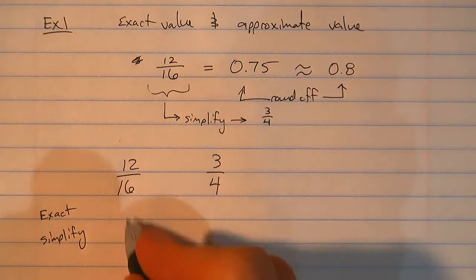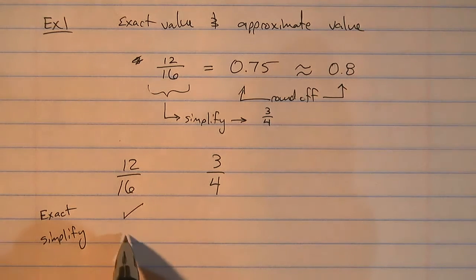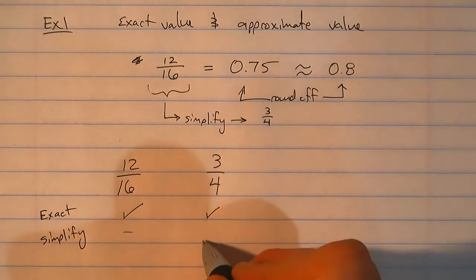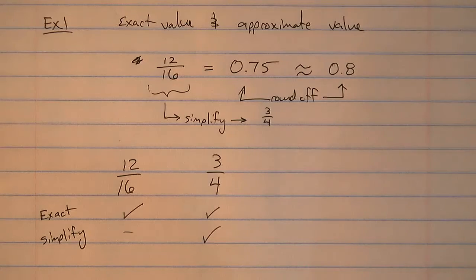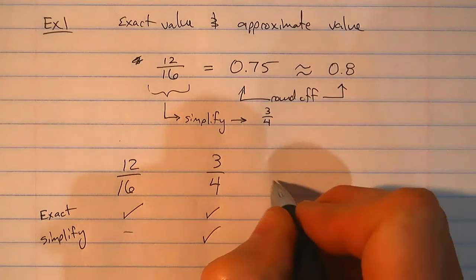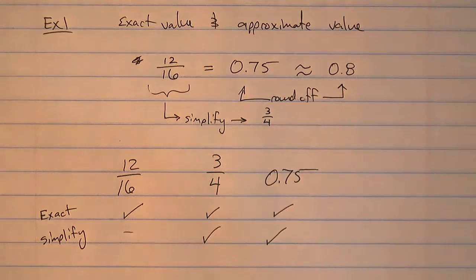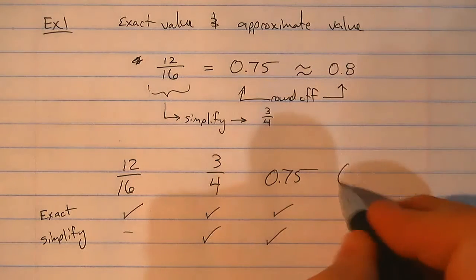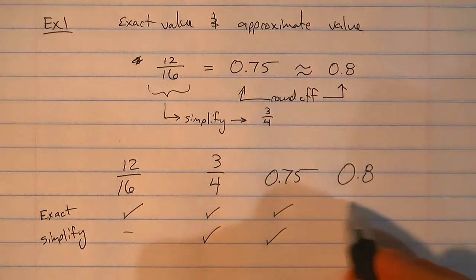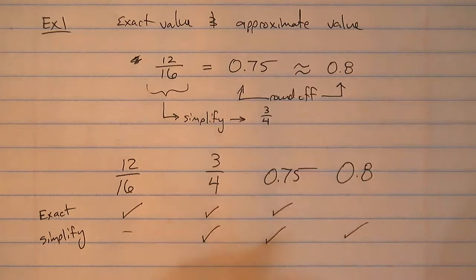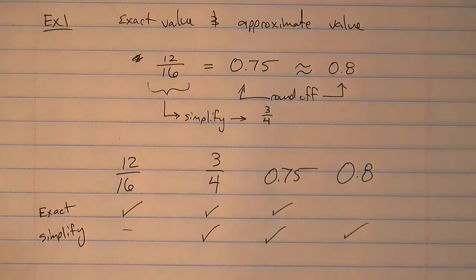So this one is exact, but it's not simplified. This one is exact and it's simplified. Okay, we also had 0.75. That is also exact and simplified. And then we rounded it off to 0.8. That is no longer exact. It is simplified. Okay, so these are our different situations.